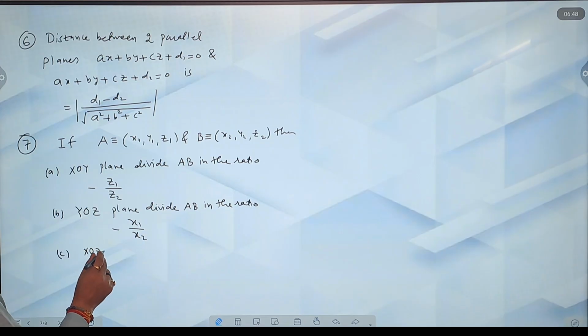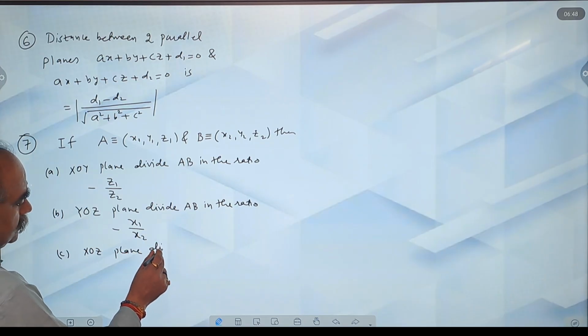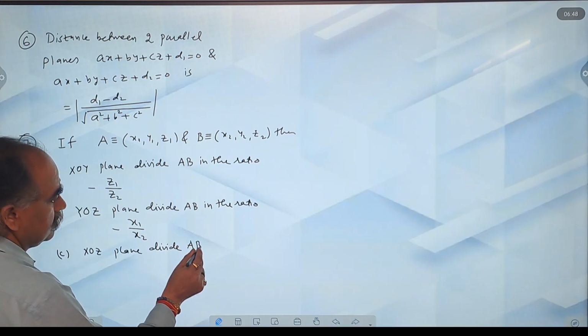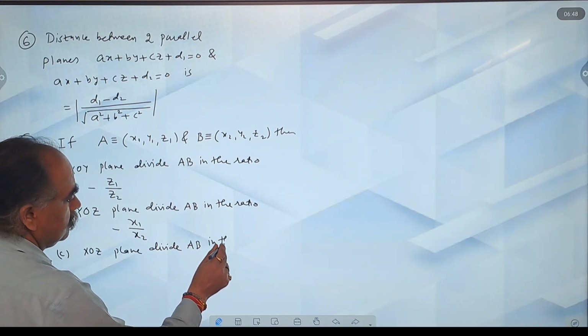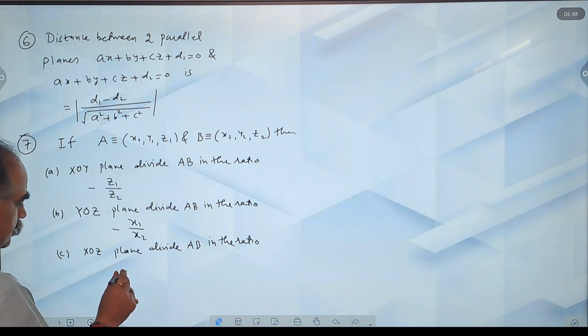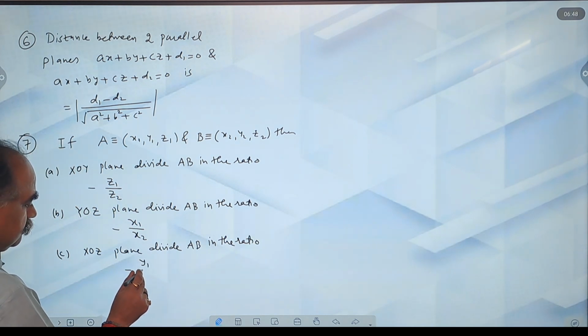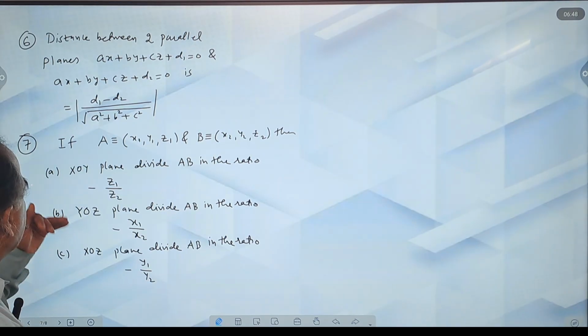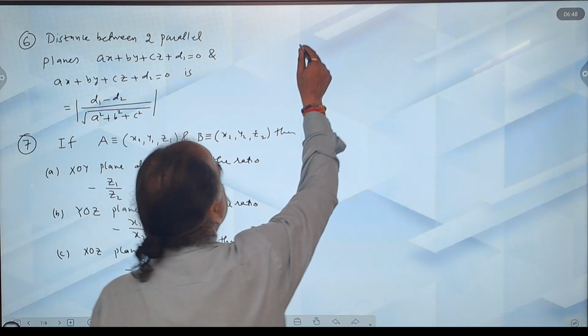XOZ plane divides AB in the ratio minus y1 upon y2.